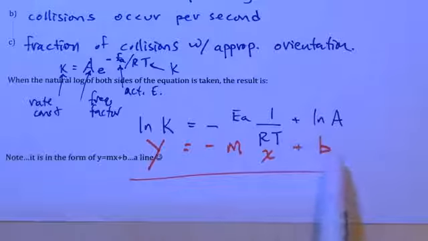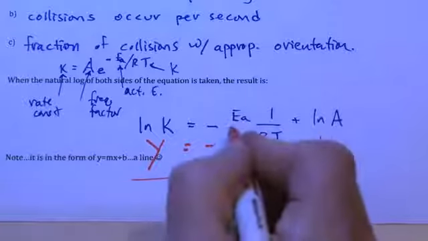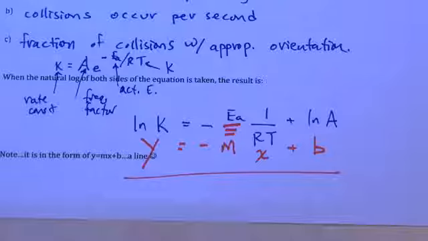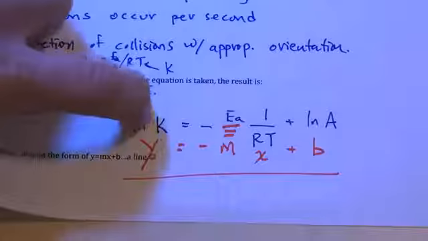And b is the y-intercept, of course. But look at what the slope can tell us. The slope can tell us the energy of activation. And so you can, by graphical analysis, determine the activation energy for a reaction simply by knowing the rate constant at several different temperatures.